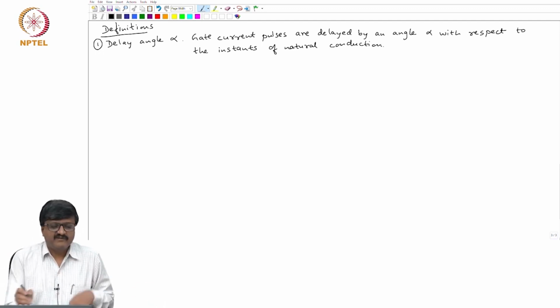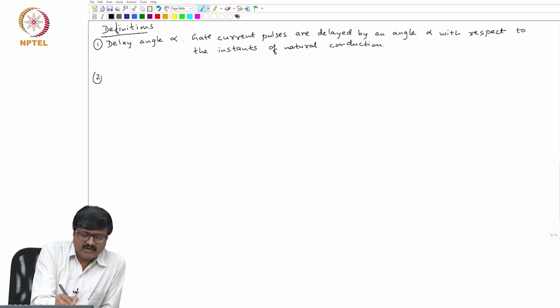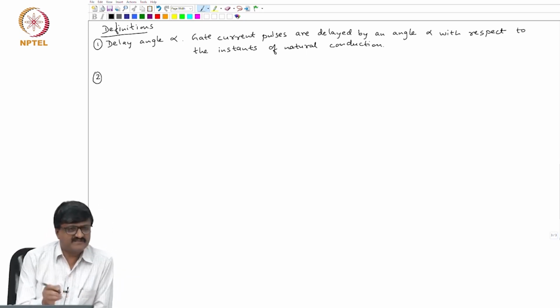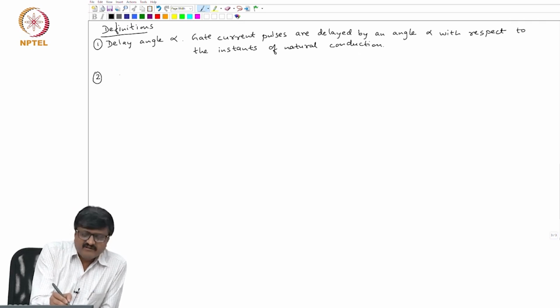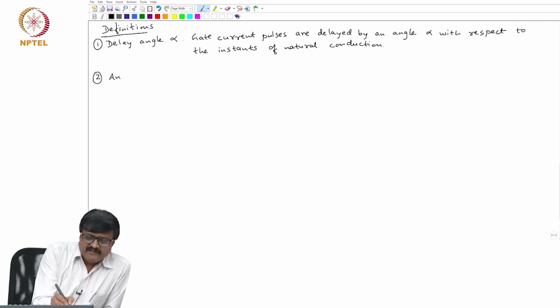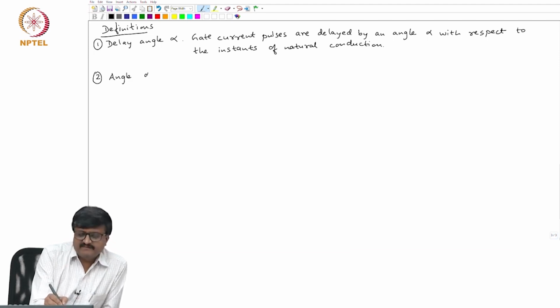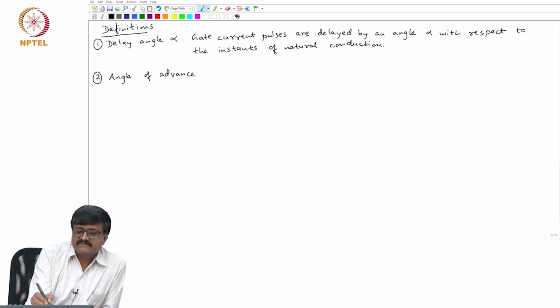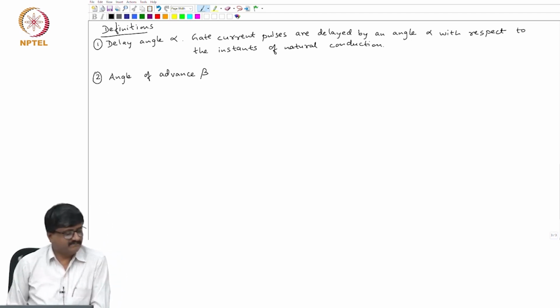We will define some more angles. Most of these definitions, all these definitions are angles only. So, we define a quantity called angle of advance, denoted by beta.